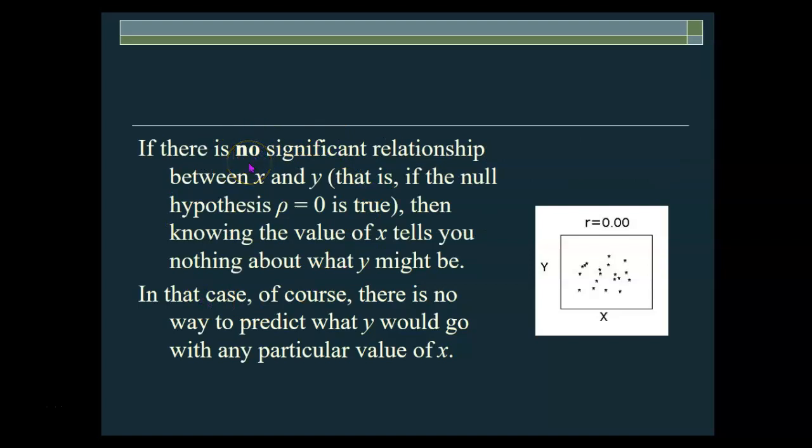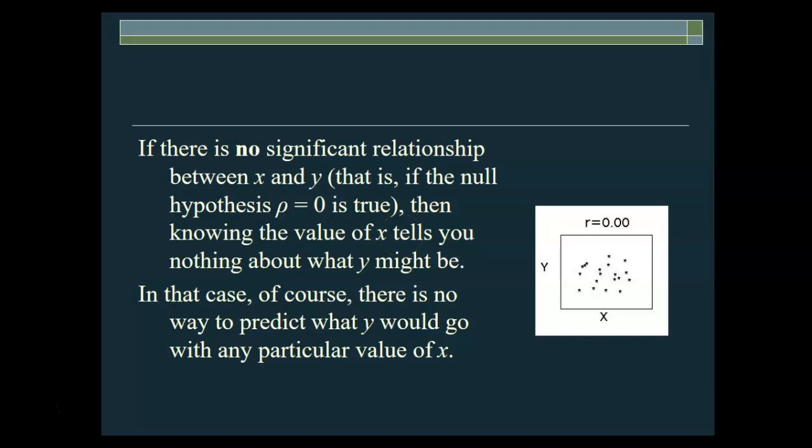If r was close enough to 0 and far enough away from either 1 or -1, that you said there was no significant relationship between x and y, then there would be no point in trying to come up with an equation or a formula, because in that case, knowing a value of x tells you nothing about what y might be.